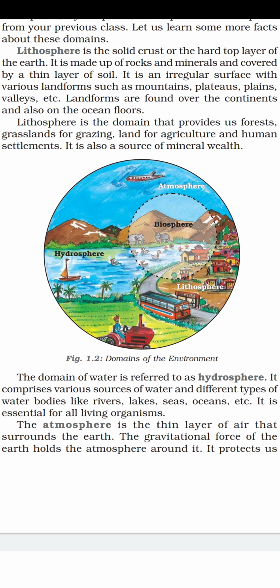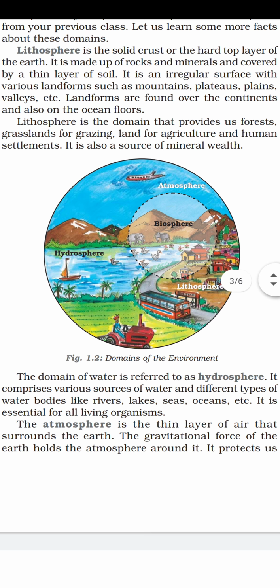Now let's come to the last one, atmosphere. It is the third sphere, children. The atmosphere is nothing but a thin layer of air that surrounds the earth. What is the atmosphere, children? A thin layer that surrounds the earth.